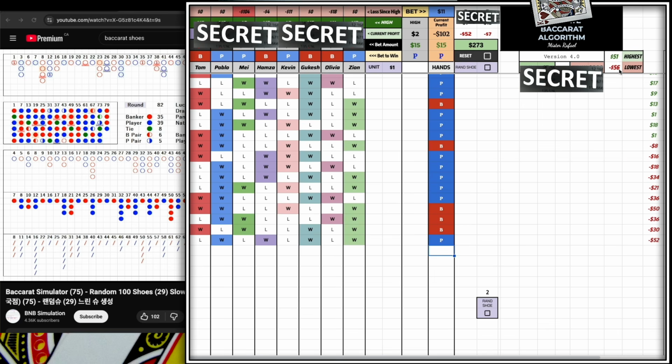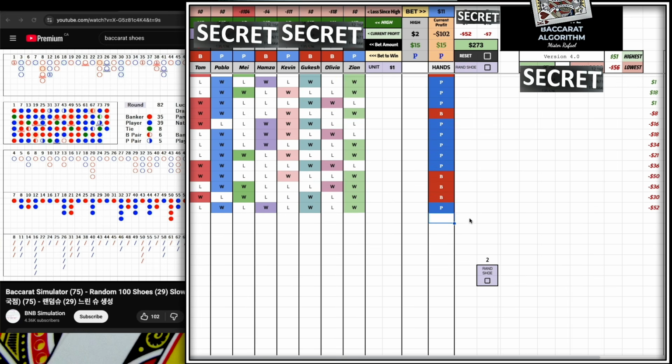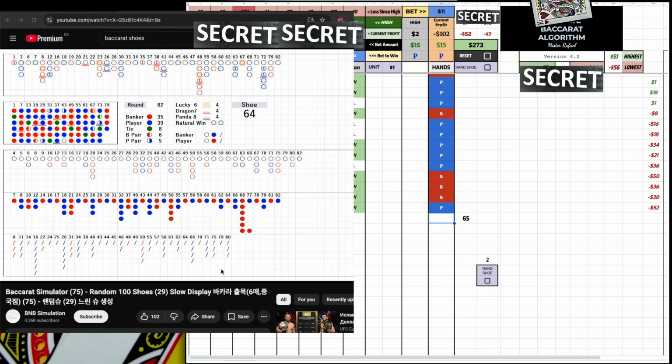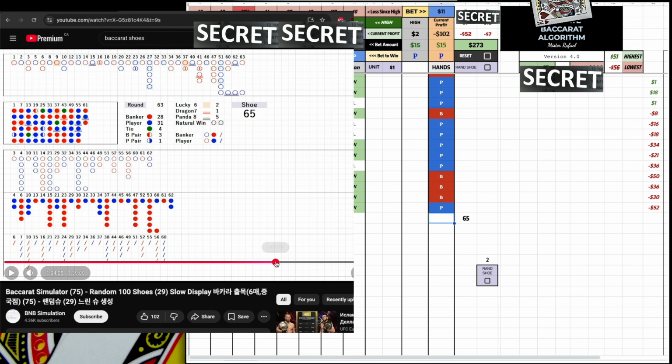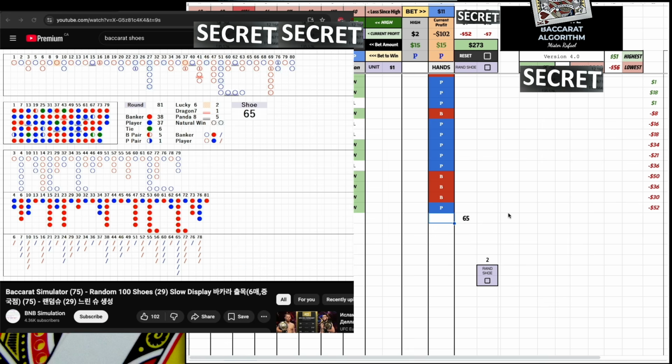Biggest drawdown, minus 56. Currently sitting at minus $52. Next bet, $11 on player. The next shoe is 65. Start it from there. Let's keep going. Here we go, shoe 65.